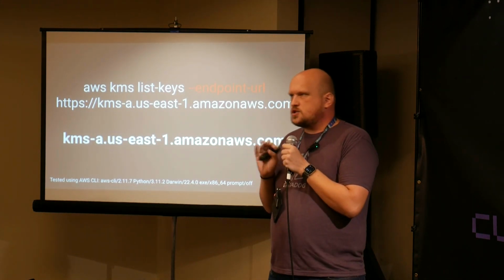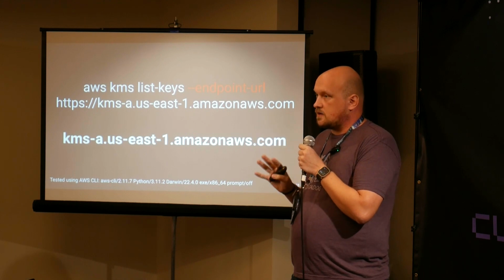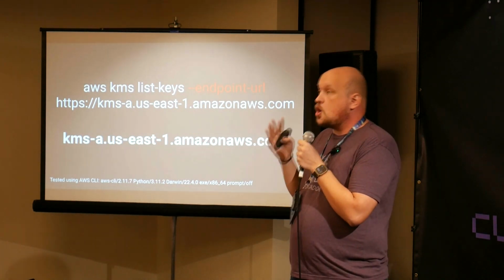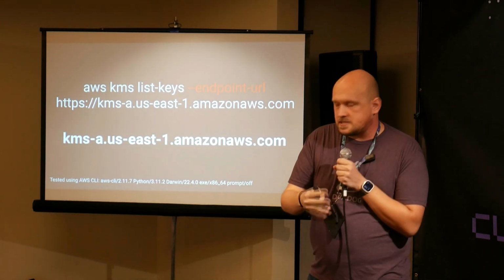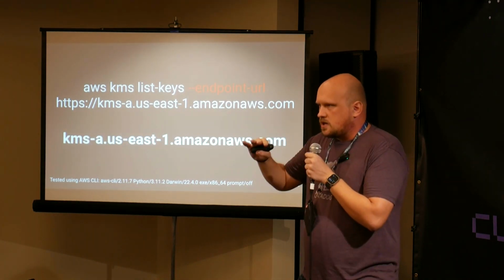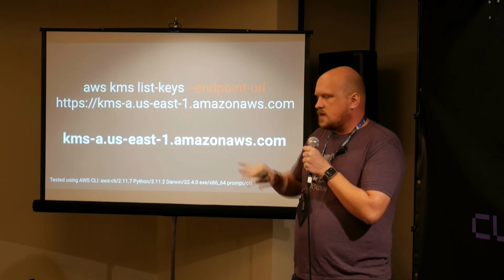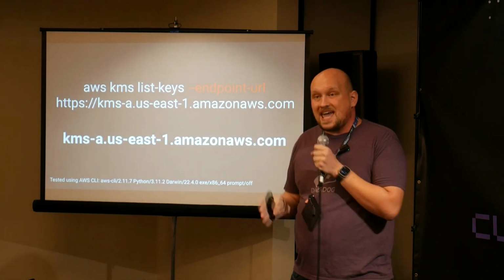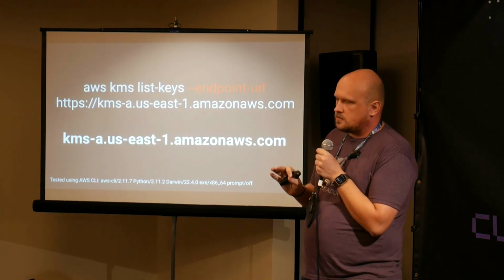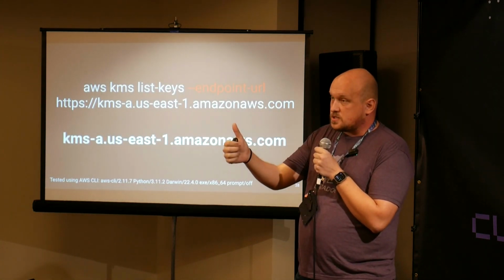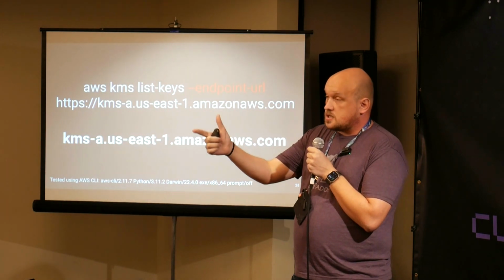Now, non-production endpoints are particularly exciting for a wide variety of use cases related to defense evasion, including outside of CloudTrail bypass. To set a base case situation, I'd like to introduce you to KMS-A. Now, this is a non-production endpoint that has access to production resources and does log to CloudTrail.